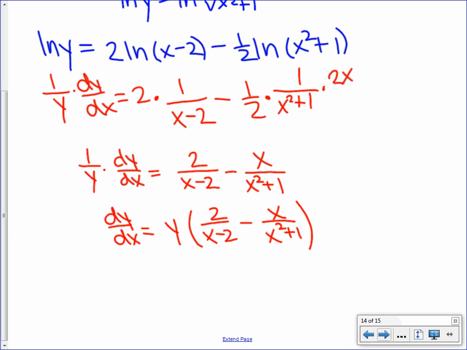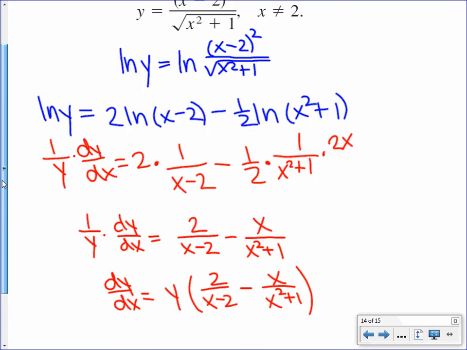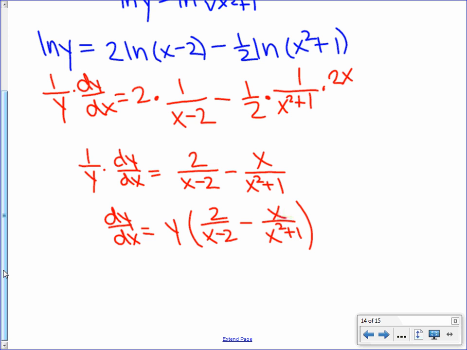Now I have a question. Okay, so what did I do? We just multiplied the y over to get dy dx by itself. Did this begin as an implicit function? It started out as explicit, which means your derivative better be explicit. All right? An implicit derivative can have x's and y's.